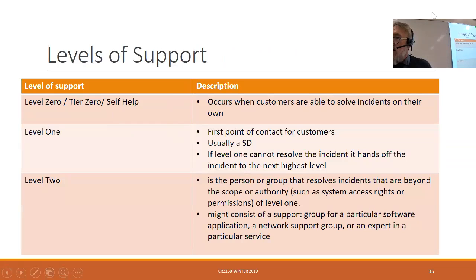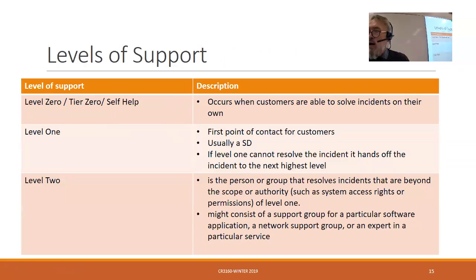Now, in this slide, it actually refers to one more level, which is level 0. We talked about that last lesson too, I think, when we mentioned peer-to-peer support where the customers are actually doing their own support. And there are some issues with that. The problem is that it's going to be unplanned, or the word we use is ad hoc. And so that's going to end up with systems with all kinds of tweaks on them, and they become somewhat unmanageable.